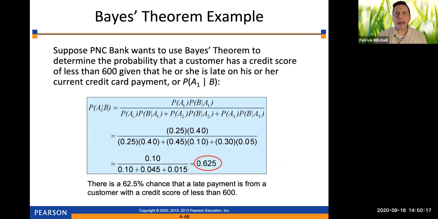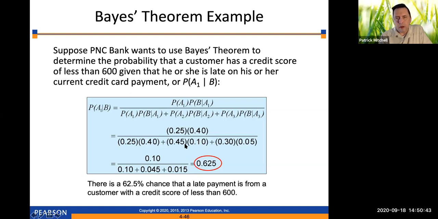Suppose PNC Bank wants to determine the probability that a customer has a credit score of less than 600 given that they are late on their credit card payments. So that would be the probability of A1 given B. So using the formula, which would look like this, this is what you get.